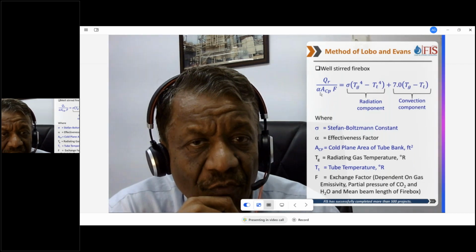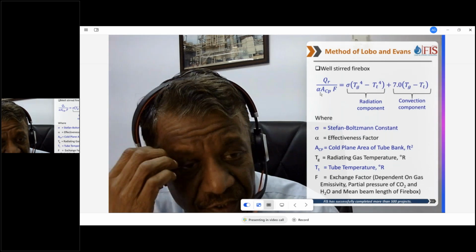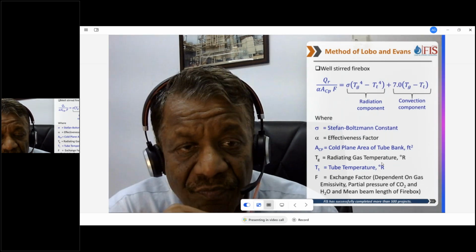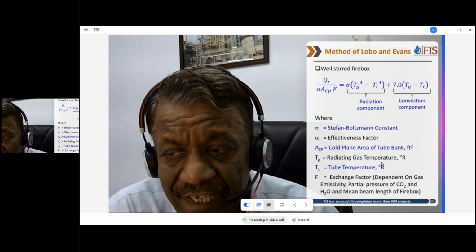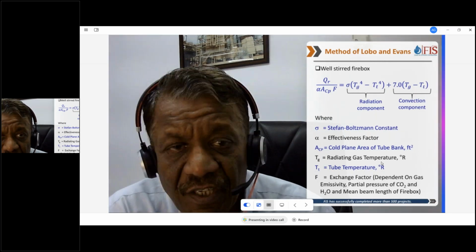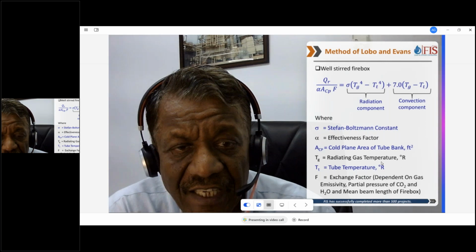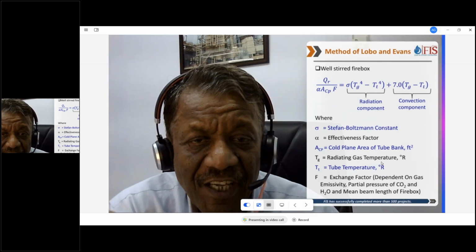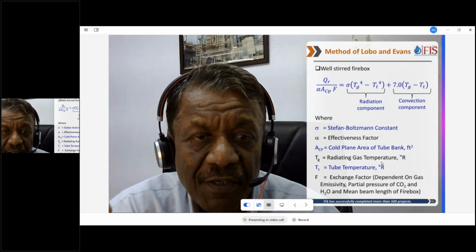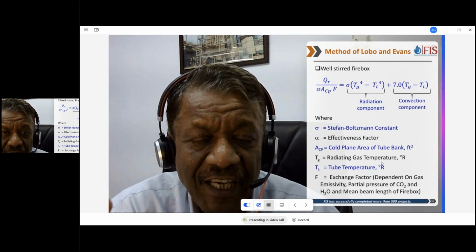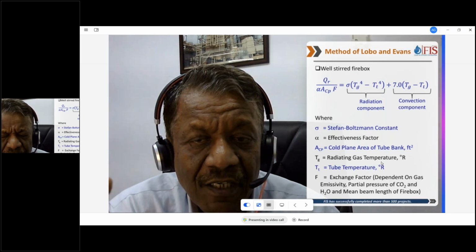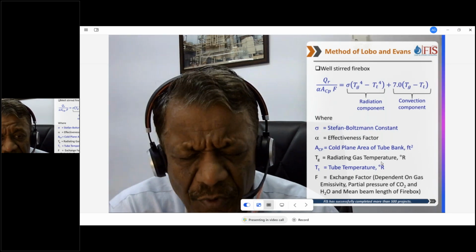Now, one thing I want to talk about, since we have a few minutes left, is that the radiation in Lobo-Evans correlations does not depend on the flame or flame color. A lot of people talk about flames and flame color, but no radiation component is taken there.